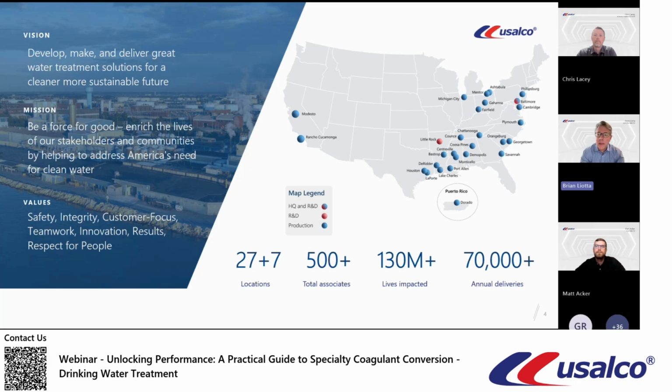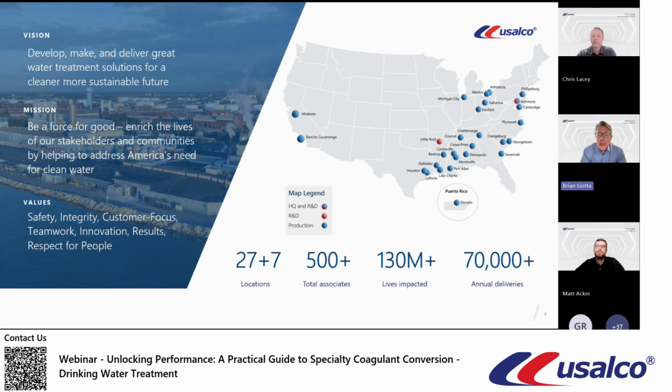And our mission is that we're committed to being a force for good in the world, enriching the lives of our stakeholders and communities by addressing America's pressing need for clean and accessible water, and Canada's as well, North America's pressing need for clean and accessible water. And our core values are safety, integrity, customer focus, teamwork, and innovation. And these values guide us in everything we do. We strive for results and ensure respect for people in every interaction.